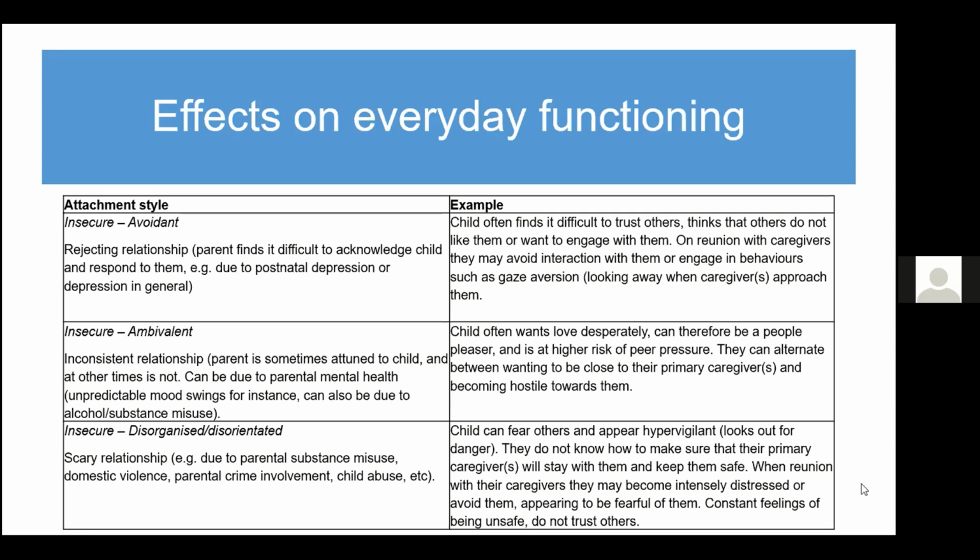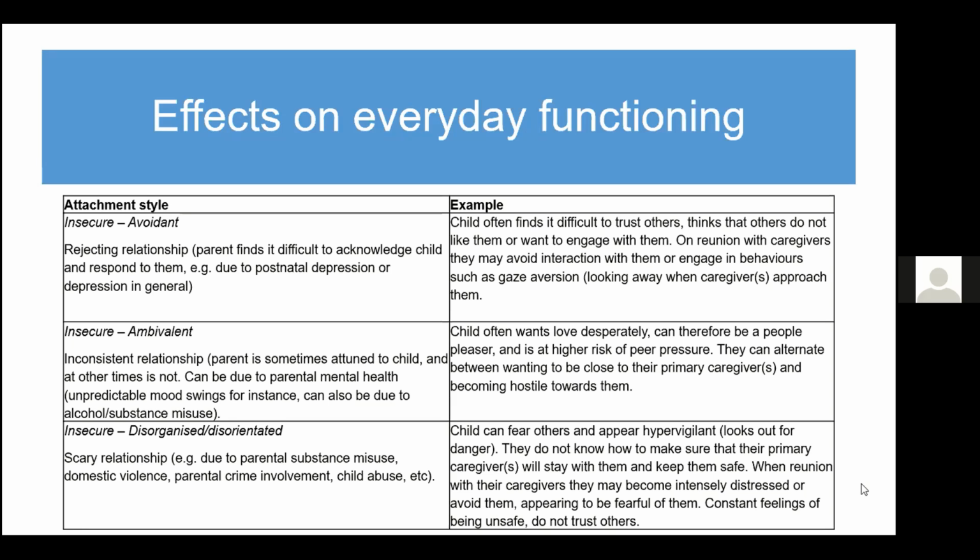And then finally we have that disorganized or disorientated attachment style, and this is one where there's been quite a scary relationship between the child and the parent. So there might have been some form of child abuse, there might have been domestic violence in the home, there might be factors such as crime involved, and the child is then fearful of others and very hypervigilant, so constantly aware of what's happening in their environment.